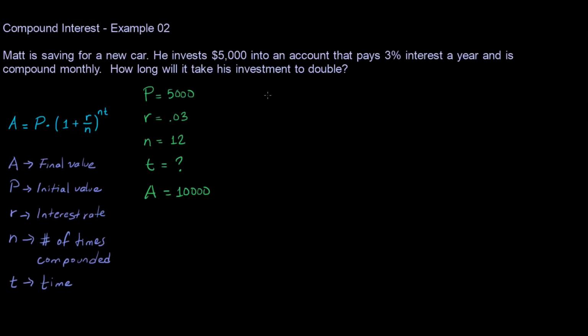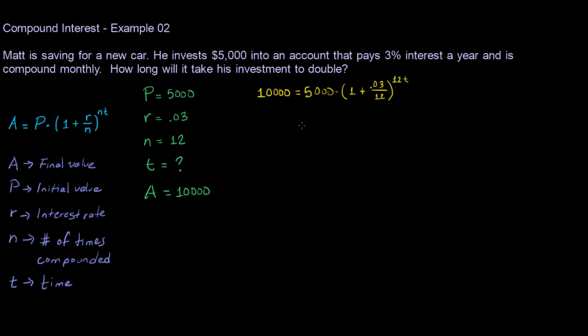So instead of A, we'll have 10,000, which is equal to P, which is in this case 5,000, times 1 plus r over n. r is again 0.03 over n, which is 12, all raised to n times t, which will be 12 times t.